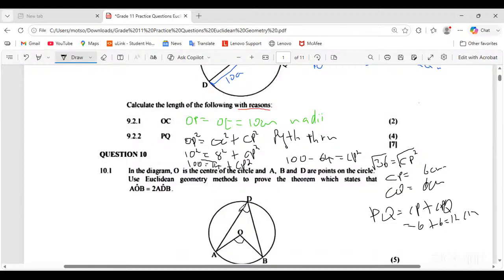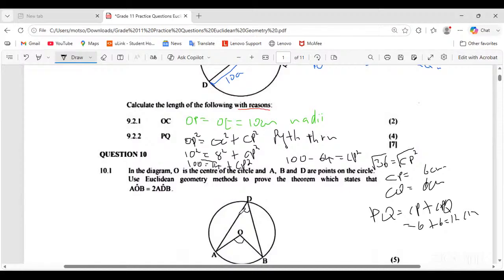So guys, I wanted to tell you that you will always find the proof of one of those theorems, whether you are required to prove theorem 1, theorem 2, that angle at the center is 2 times angle at the circumference, or that opposite angles of a cyclic quad are supplementary, but the proof will always be there.